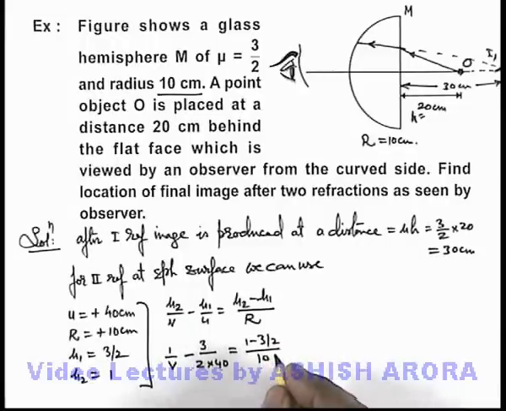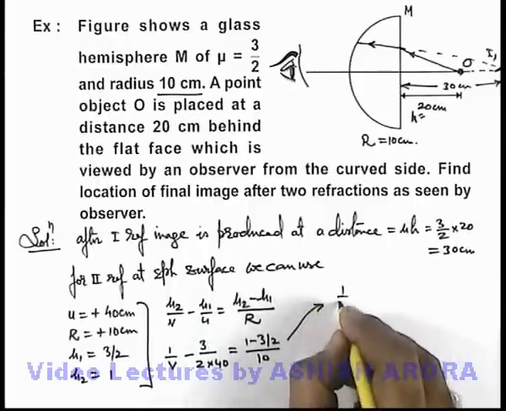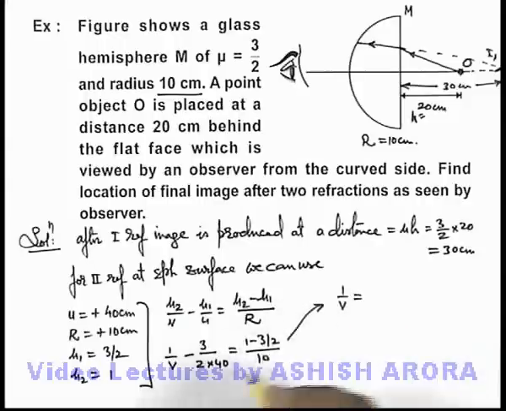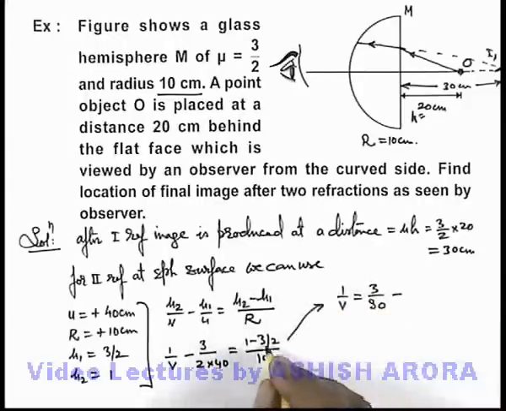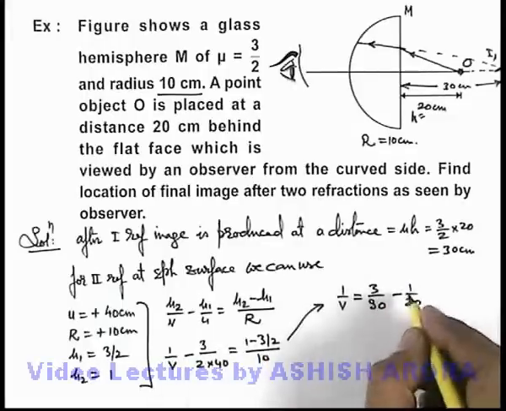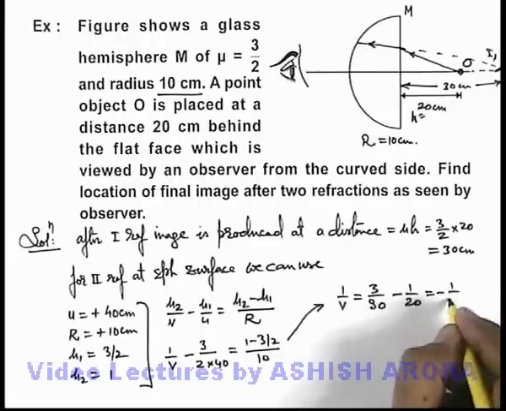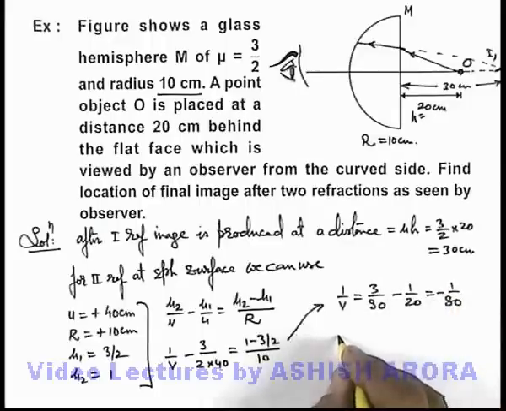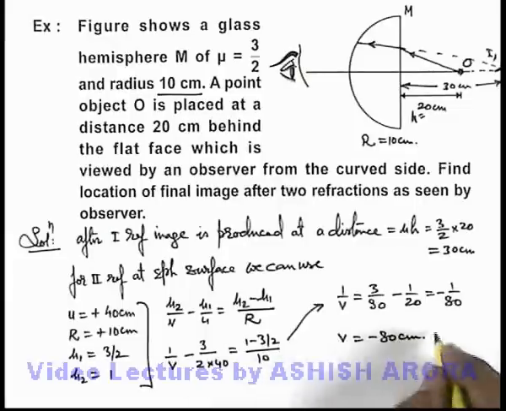If we simplify this relation, the value of 1 by v we are getting is 3/80 minus 1/20. On further simplifying, we get the result to be minus 1/80. That means we are getting the value of v to be minus 80 cm, and that will be the answer to this problem.